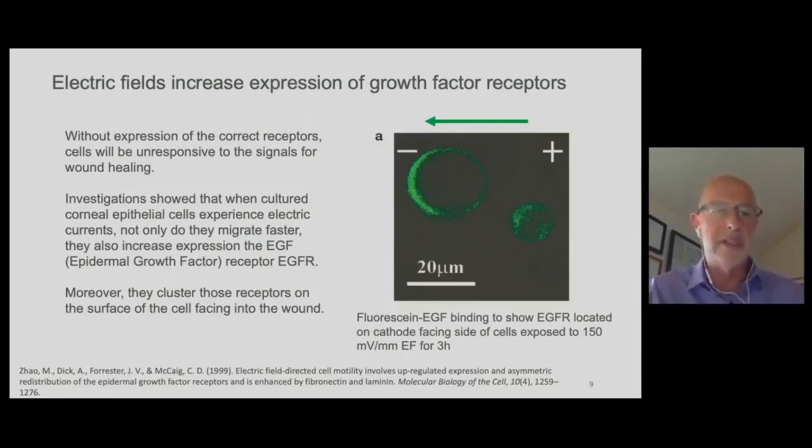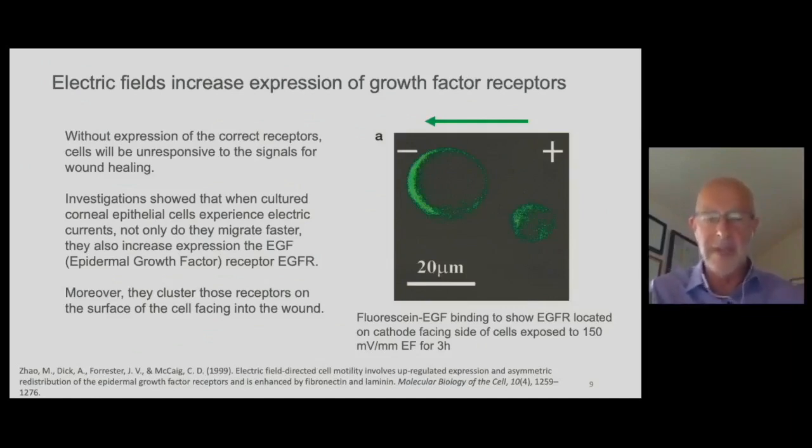That's quite an important discovery, because without expression of the correct receptors for growth factors, cells will be unresponsive to the signals for wound healing. So it's important that cells have the receptor, otherwise they can't interrogate and respond to the signal of growth factor.